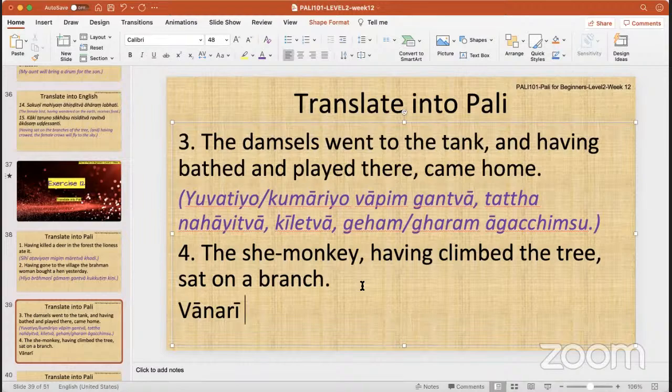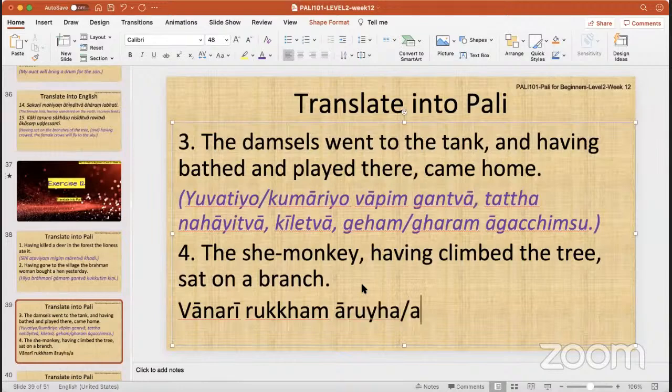We can use all of them. Tree: rukkham. So rukkham aruyha, or aruhitva.